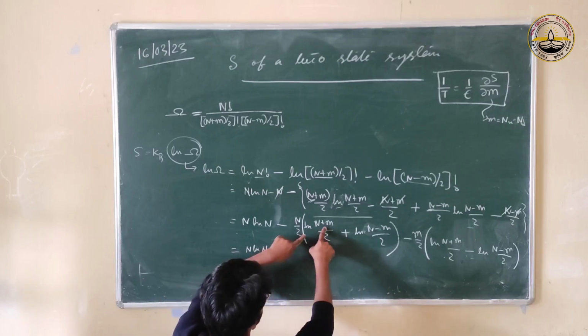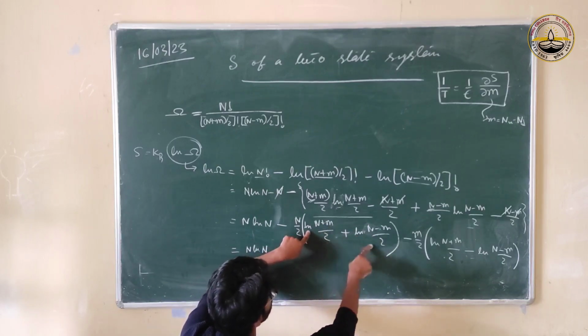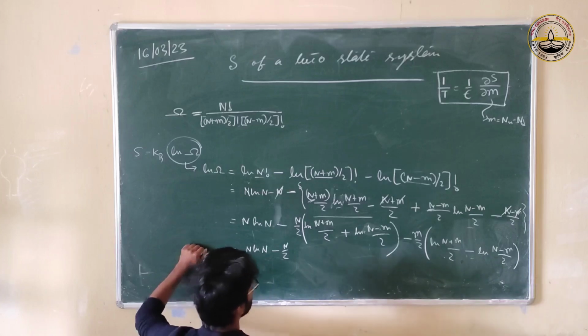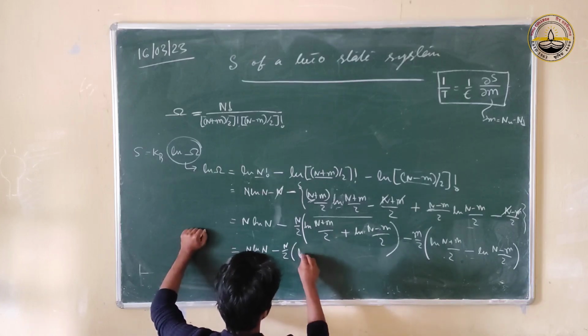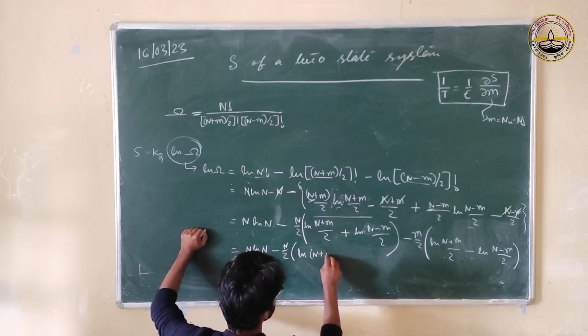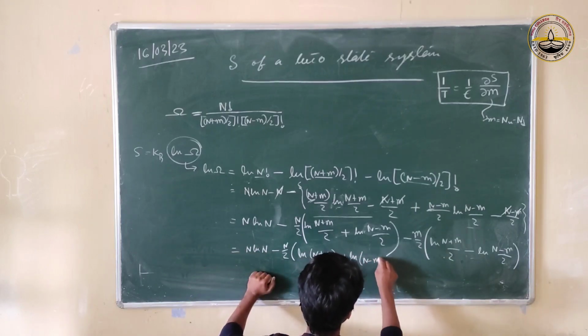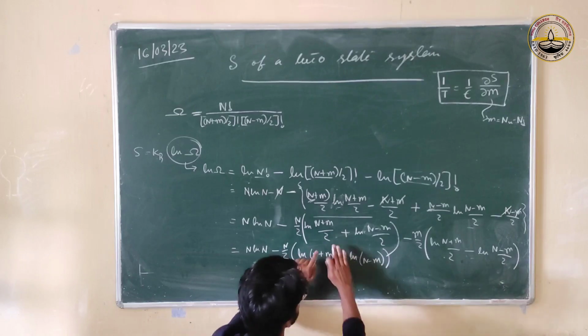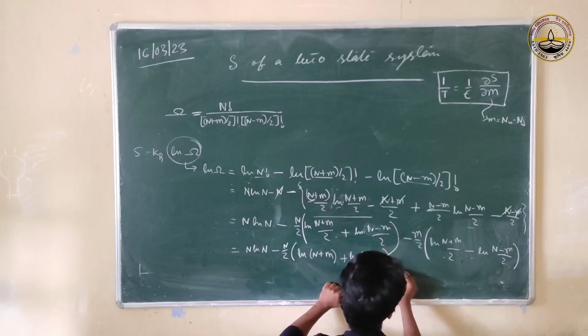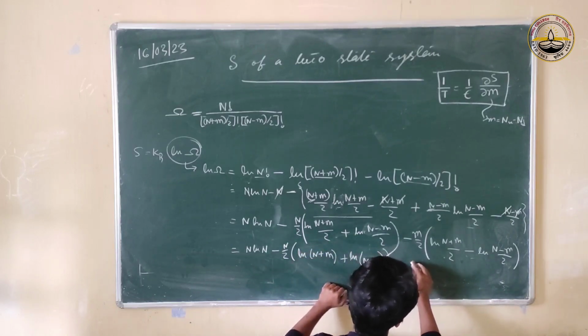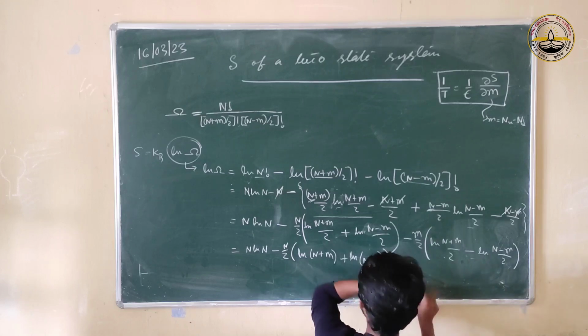Let's take just the upper part, and log 2 goes away on the other side. So let's just take ln (n plus m) plus ln (n minus m). Okay? We'll deal with the 2 later. And here we have m by 2.